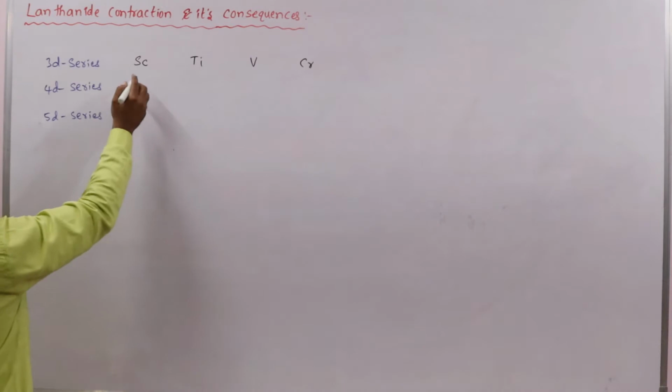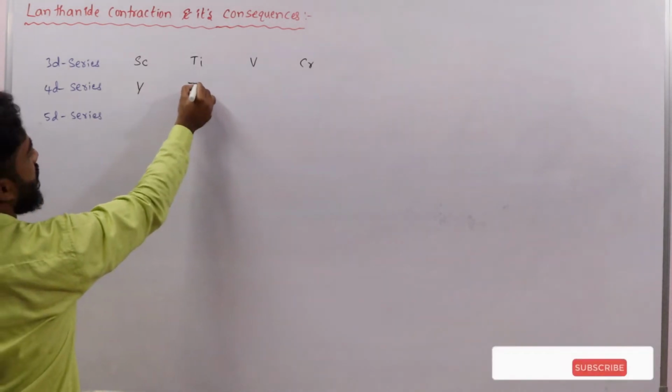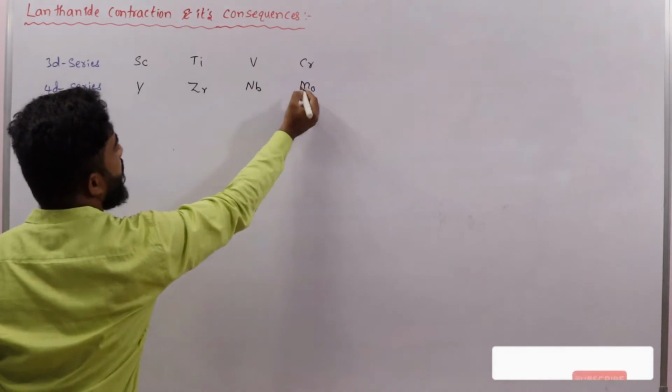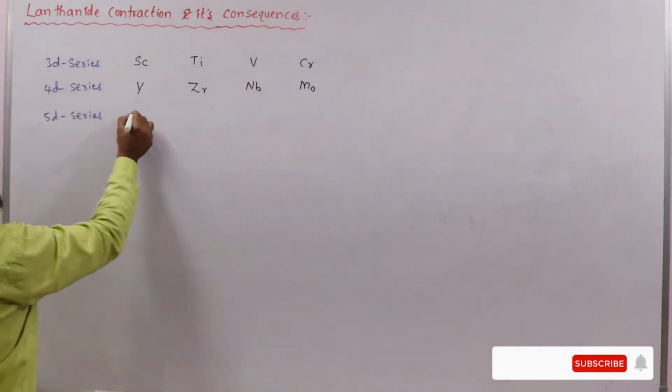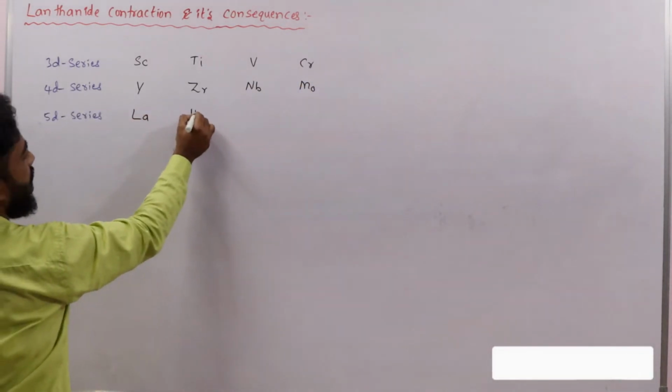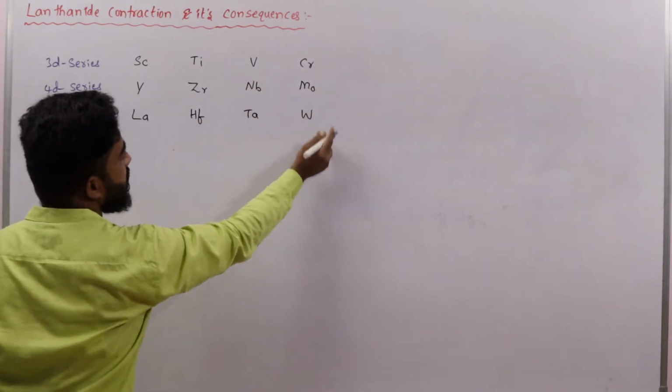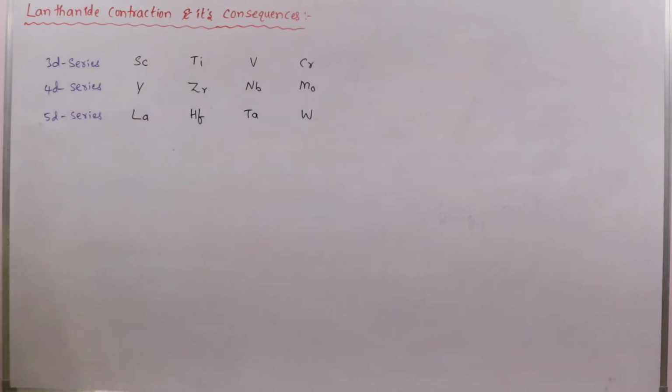From the 4D series: yttrium, zirconium, niobium, and molybdenum. From the 5D series: lanthanum, osmium, tantalum, and tungsten. So these are the elements from the 3D, 4D, and 5D series.